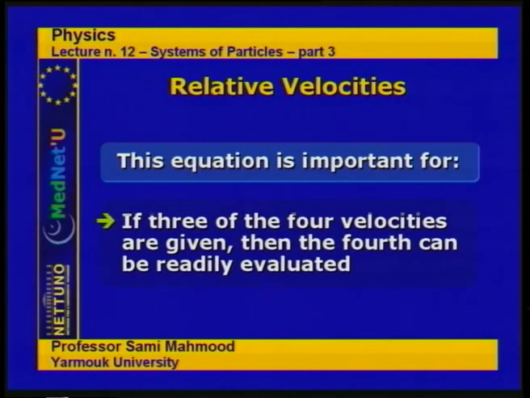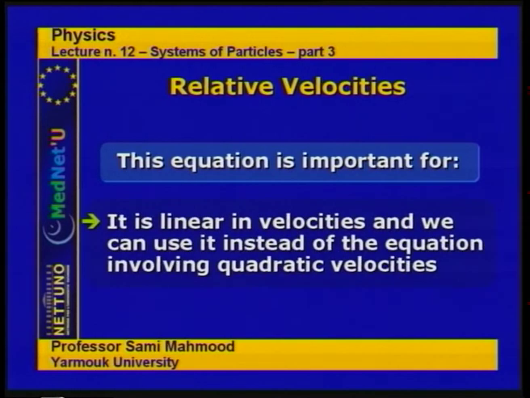Also, it is linear in velocity, and in this sense it makes it easy for us to couple it with the equation arising from the conservation of momentum to solve the problem and find any two unknowns of the motion of the system of particles after collision.